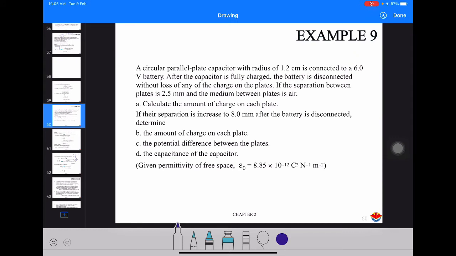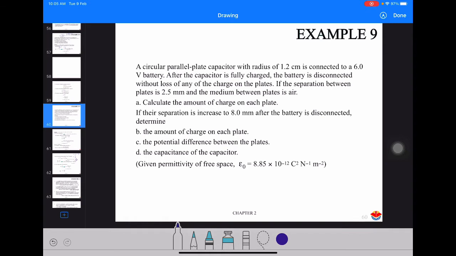Okay, question number 9. A circular parallel plate capacitor with a radius of 1.2 cm is connected to a 6 volt battery. My suggestion is that you always try to draw the plates, even though it's a simple thing, because it might help you to solve.